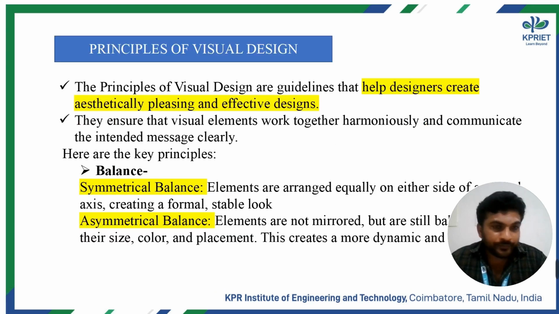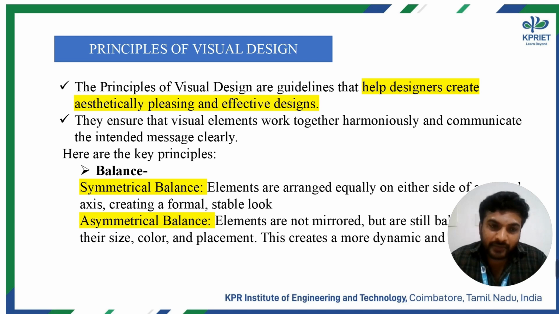Principles of visual design. The principles of visual design are guidelines that help designers create aesthetically pleasing and effective designs. They ensure that visual elements work together harmoniously and communicate the intended message clearly. Here are the key points.